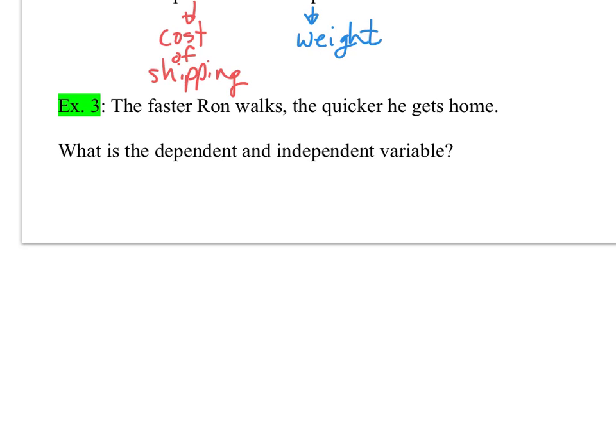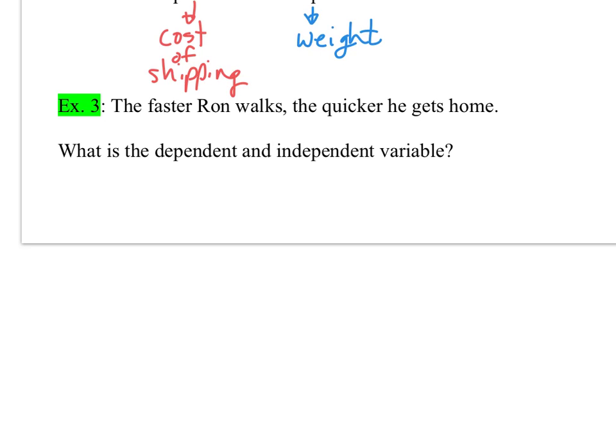So does Ron's speed affect how quickly he gets home, or does how quickly he gets home affect his speed? The speed actually is driving the time. The quicker he walks, the quicker he gets home. The slower he walks, the slower he gets home. So speed actually is what's affecting the time.